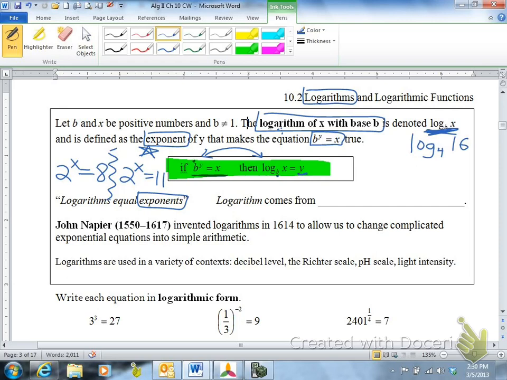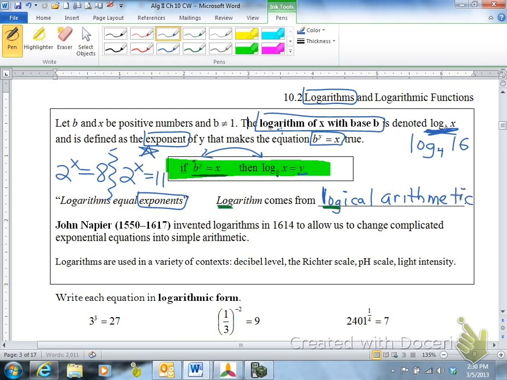The word logarithm comes from two words. Maybe it'll help you to spell it correctly if you can spell the other two words. Logarithm comes from the word logical, so the log, and the other word is arithmetic.